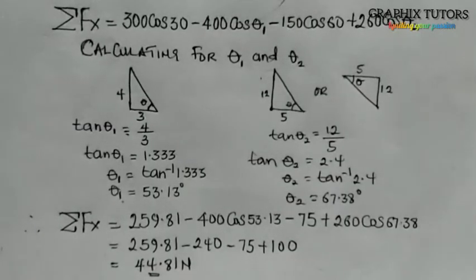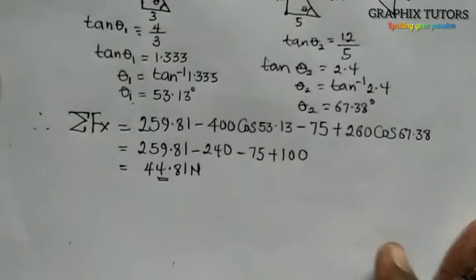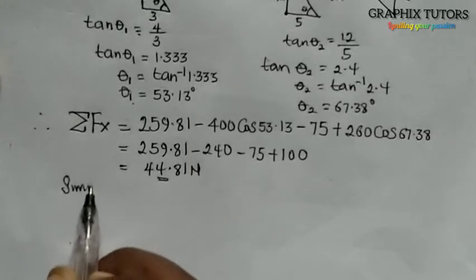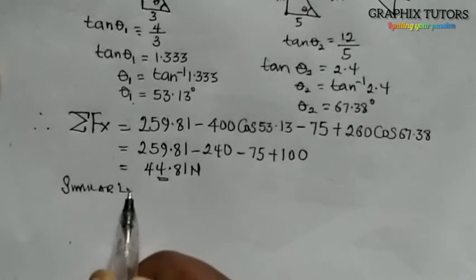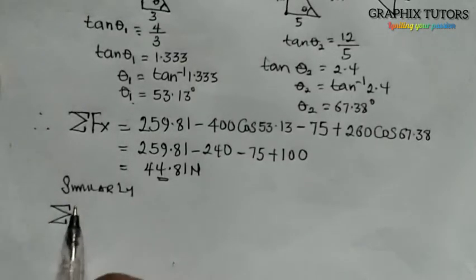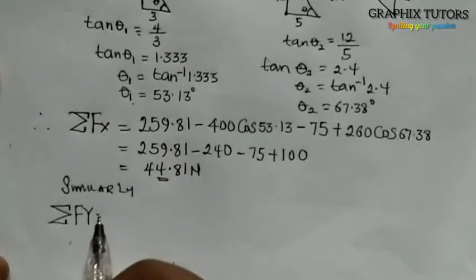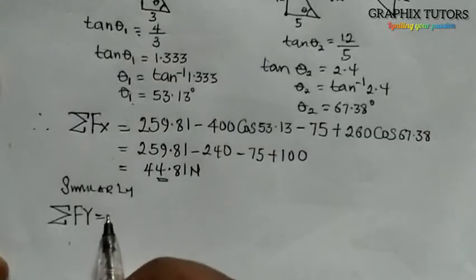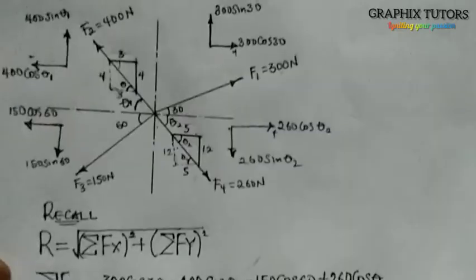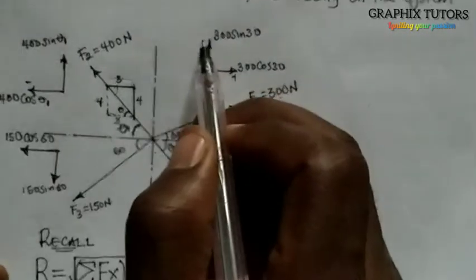Similarly, we'll do for f of y. So we'll move up. For f of y, similarly, summation of fy is equal to, we'll go back to our diagram. When the force is facing up, the vertical force in y is positive.